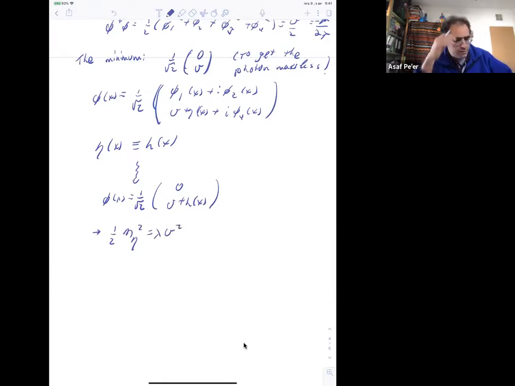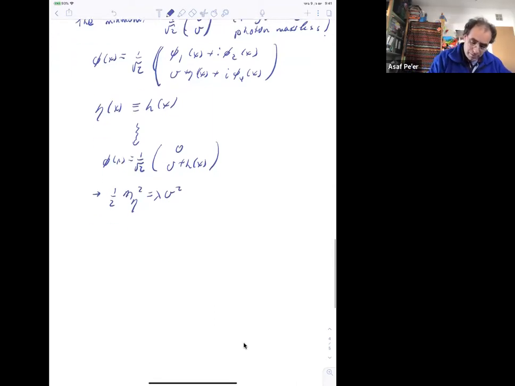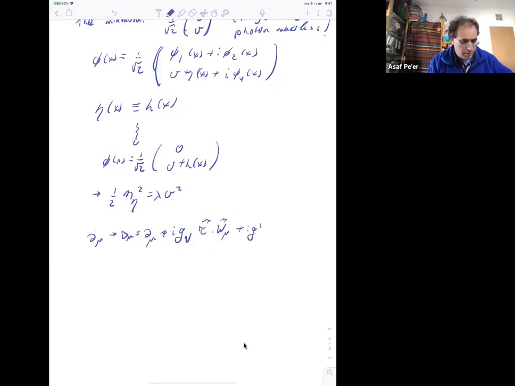And then the mass terms for the gauge bosons are going to originate from the extra terms in the covariant derivative. So the covariant derivative, d mu, goes to d mu plus i g weak tau dot W mu, where these are the generators, plus i g prime Y over 2 B mu.